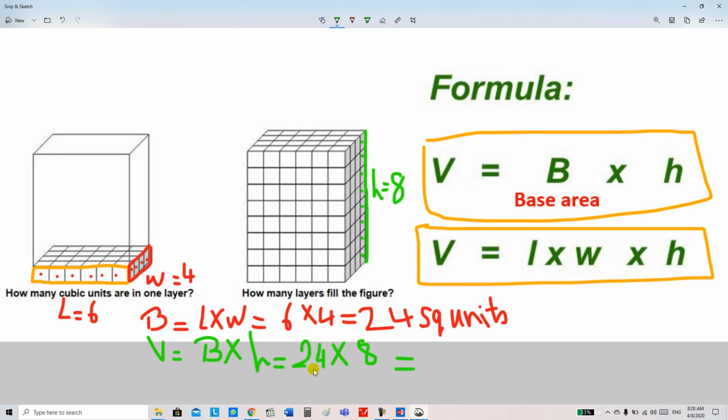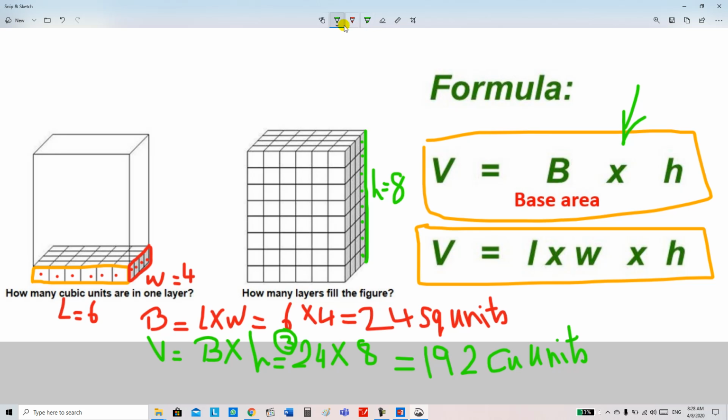So multiply that. 4 multiplied by 8 is 32, write 2 and carry 3 up here, and 2 multiplied by 8 equals 16, and 3 equals 19, so 192 cubic units. Okay, this is all about volume using this formula.